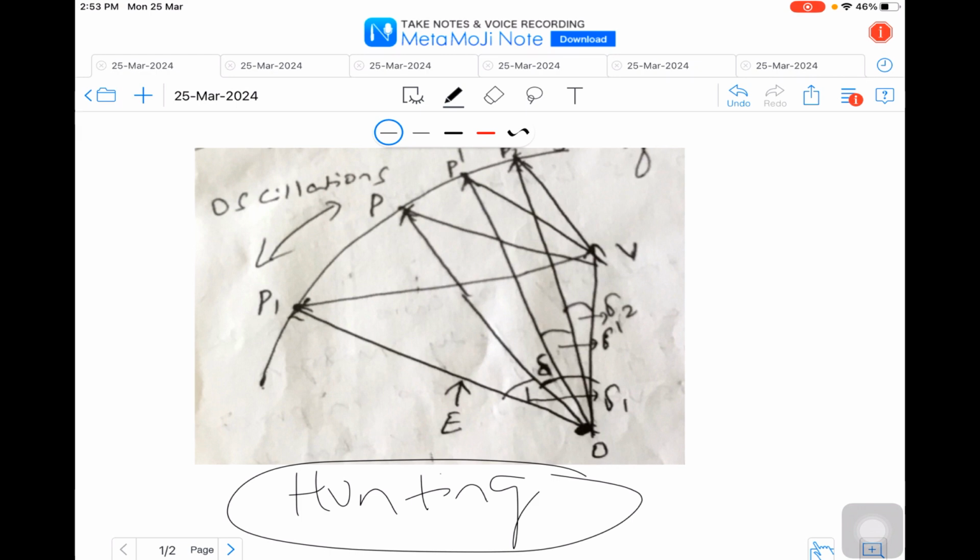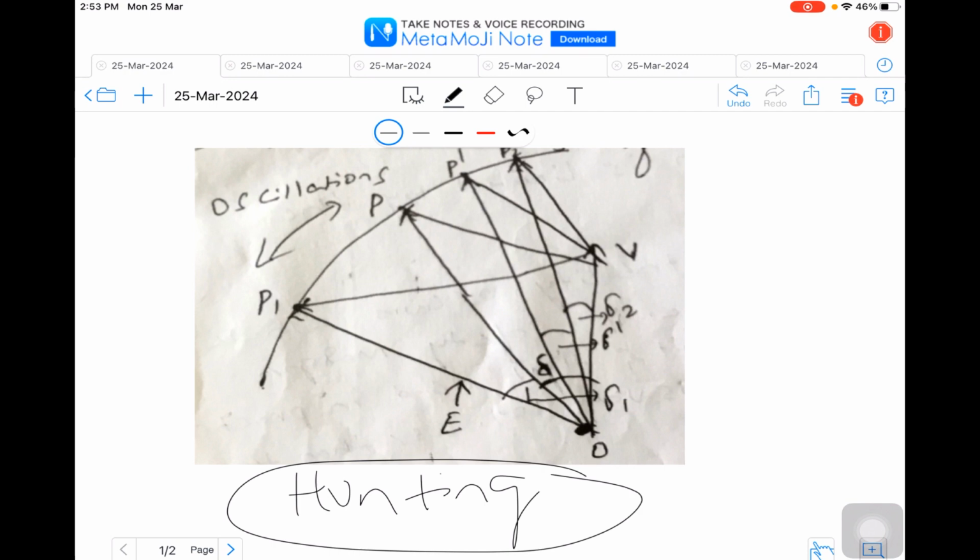If such hunting is not controlled, the machine becomes unstable, and when it becomes unstable it may fall out of synchronism.